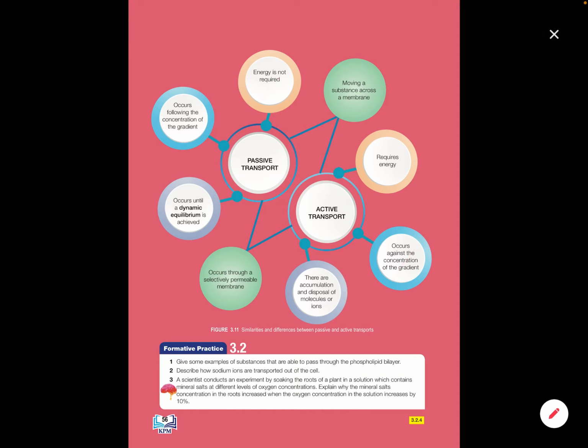Active transport will cause cells to either accumulate or dispose. Like if you use passive transport, both sides must be 50-50 in terms of concentration. But with active transport, you can completely empty out one side, and the other will have everything else. But they both require the substance to move through a membrane.